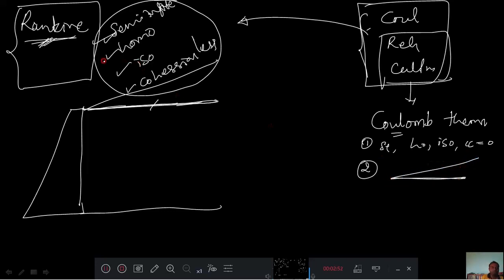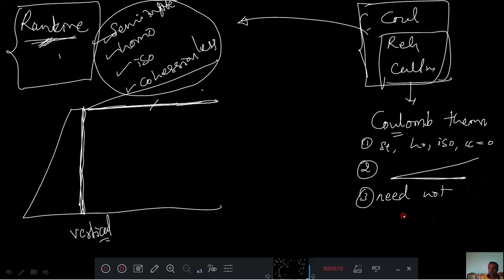Now coming to Rankine, he assumed that the back of the retaining wall is vertical, but Coulomb said that need not be vertical.